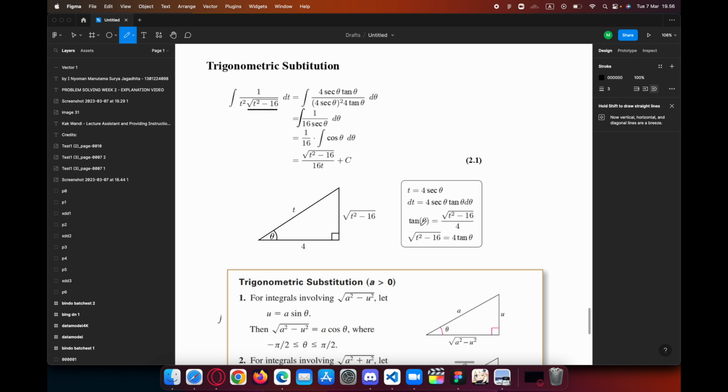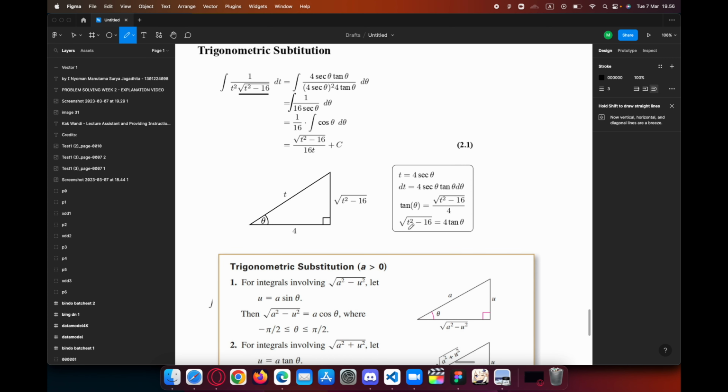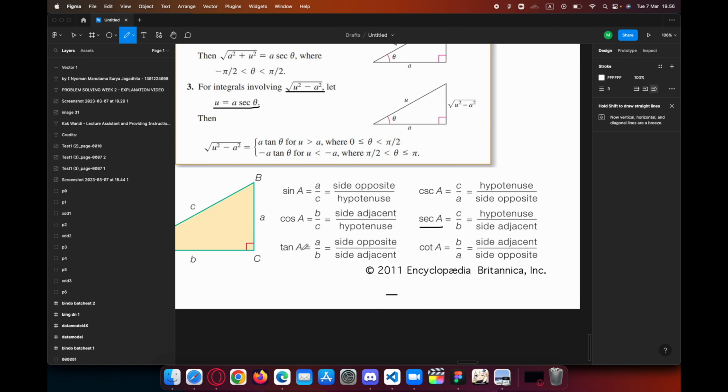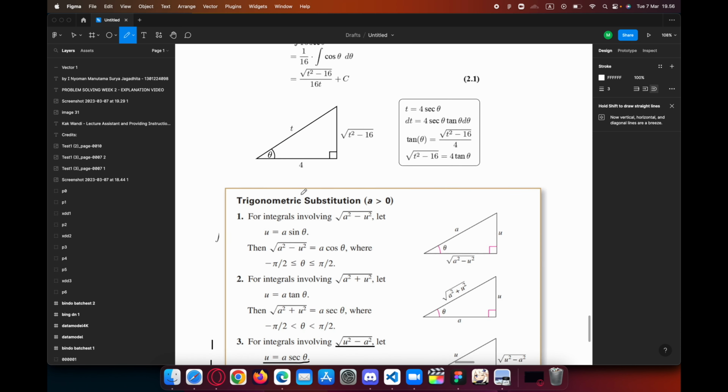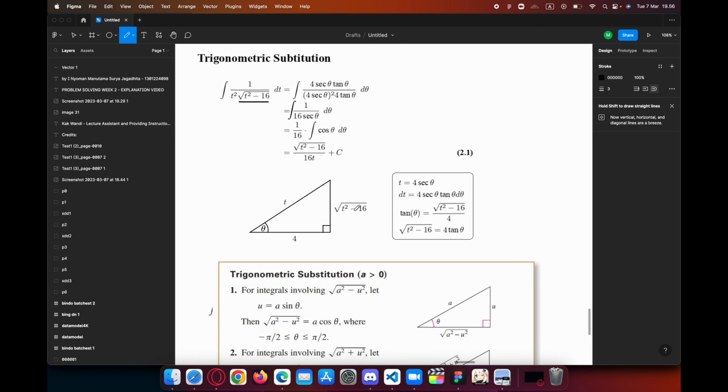And then for tan theta we get a over b, the opposite over the side, so this over this becomes like this. We want this value, so we times 4 and then times 4 this, so this cancels, and this becomes 4 tan theta.